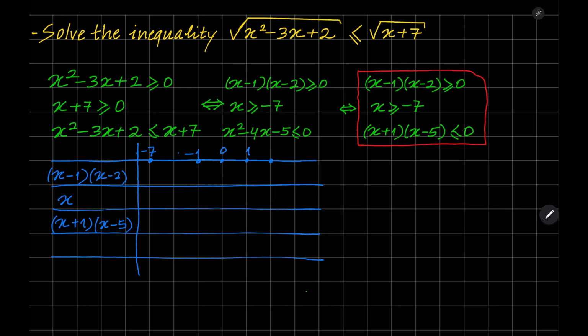Let's say this point is 2, and this point is 5. Let's draw the lines.